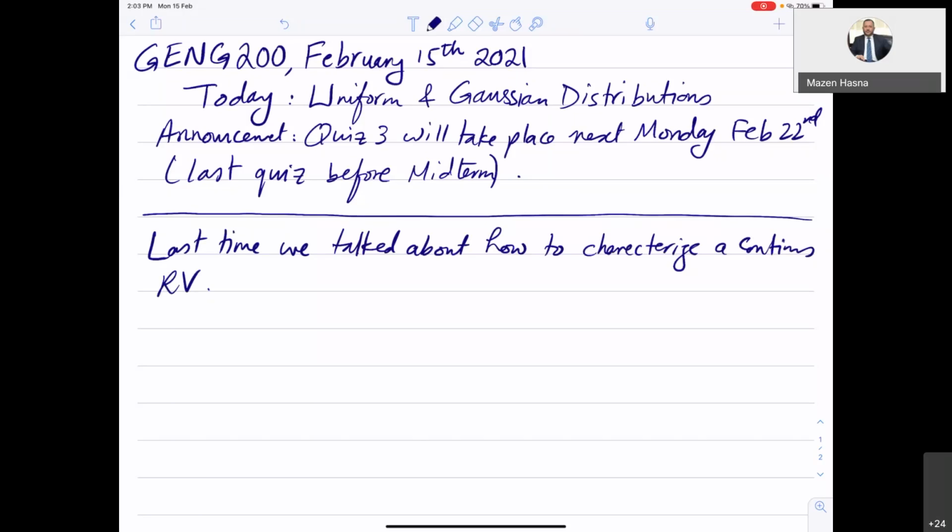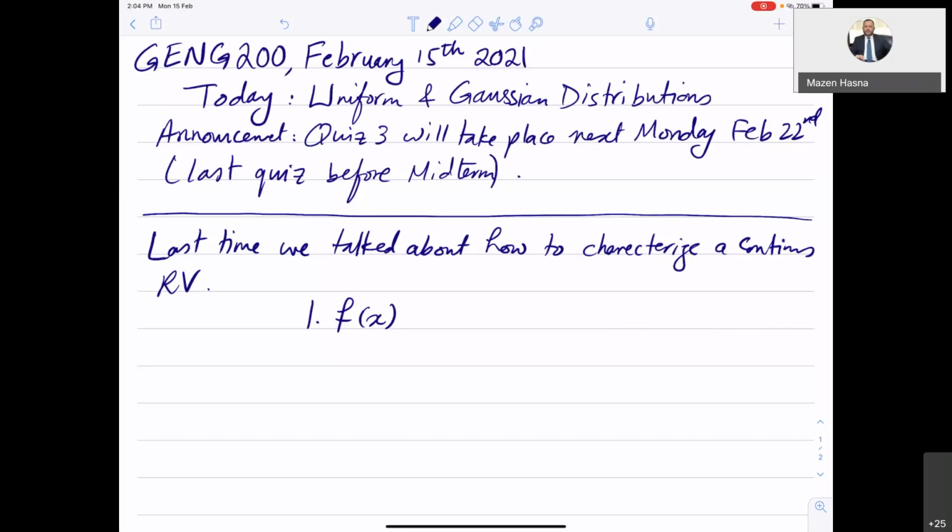We talked first about small f of x, and we mentioned how to define f of x in the continuous domain as opposed to defining it in the discrete domain. If you recall, in the discrete domain we always said that f of x itself is a probability, but in the continuous domain f of x itself is not a probability but is used to calculate probability.